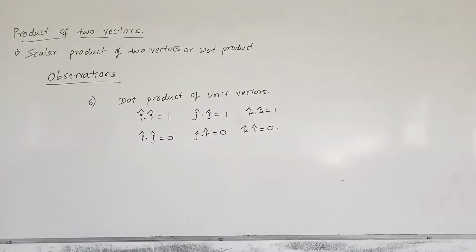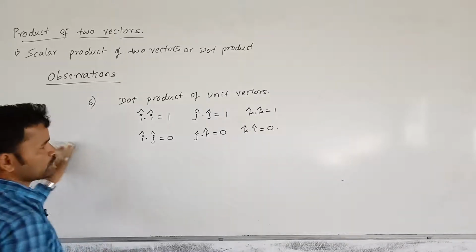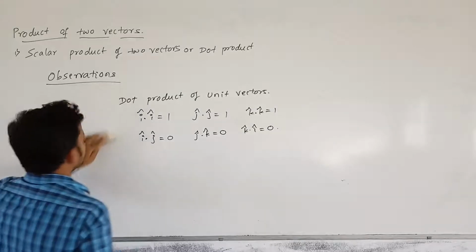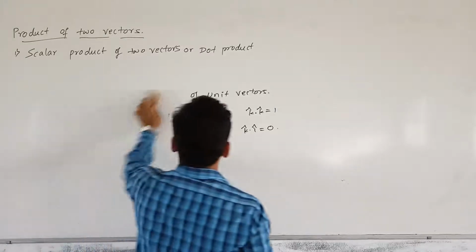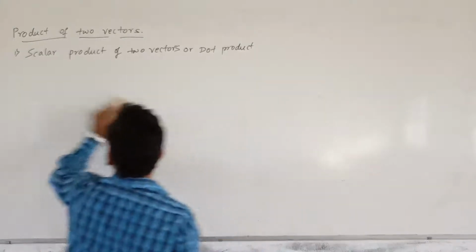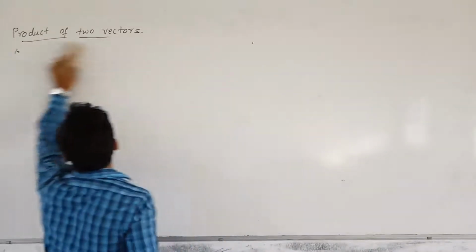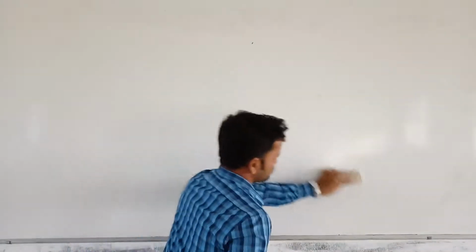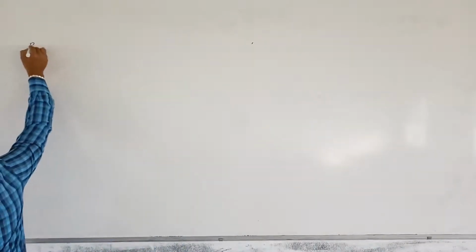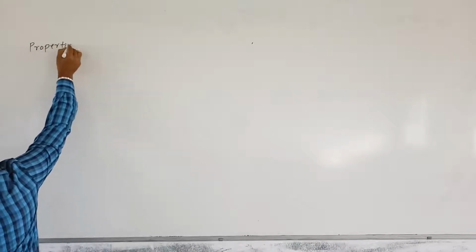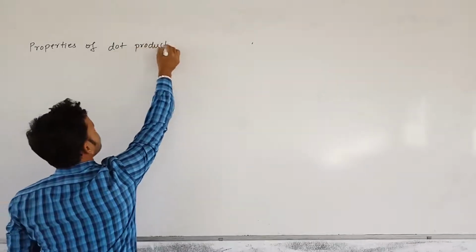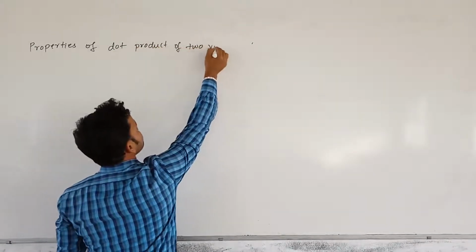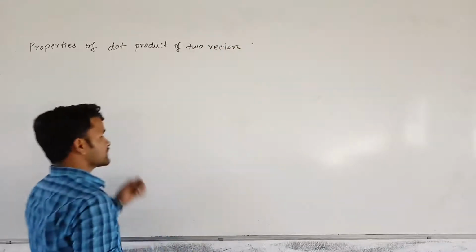With this, almost all the observations got over. Now, properties of dot product of two vectors. What are the properties?